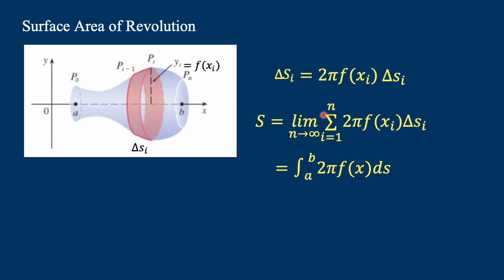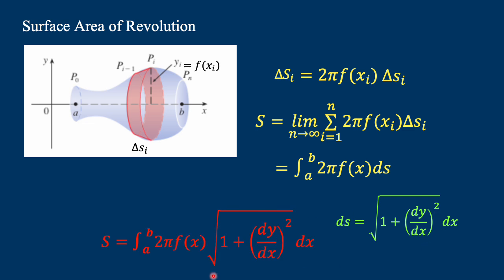Make sure it is ds, the arc length. With respect to dx, that is the square root of 1 plus (dy/dx) squared, dx. So the surface area is the integral from a to b of 2 pi f(x) square root of 1 plus (dy/dx) squared dx.